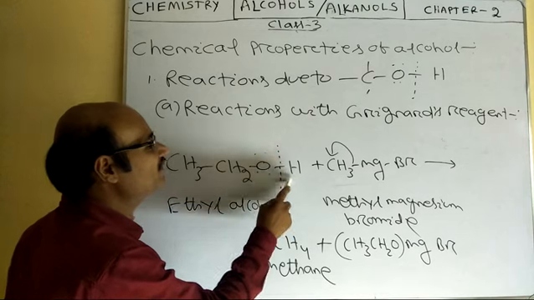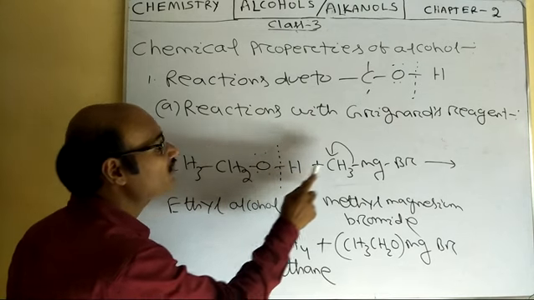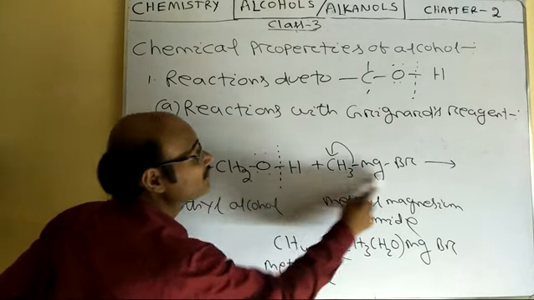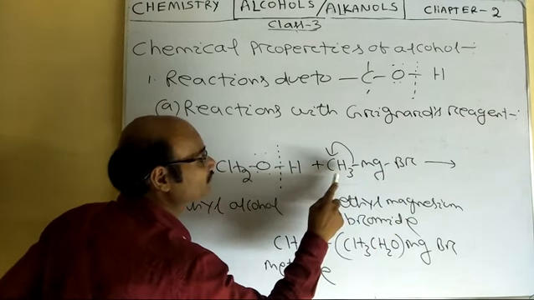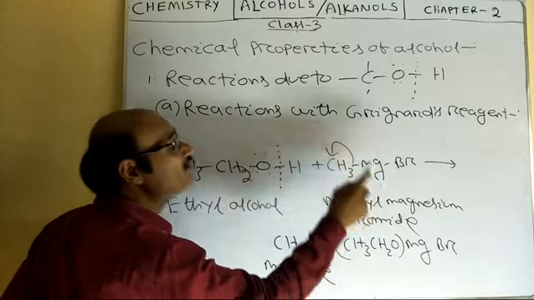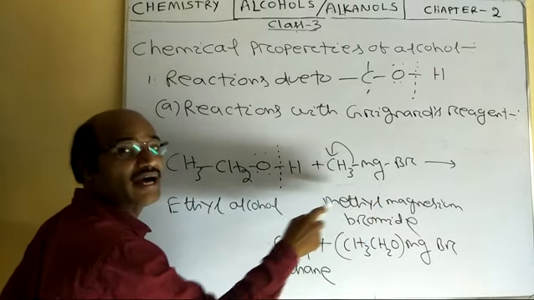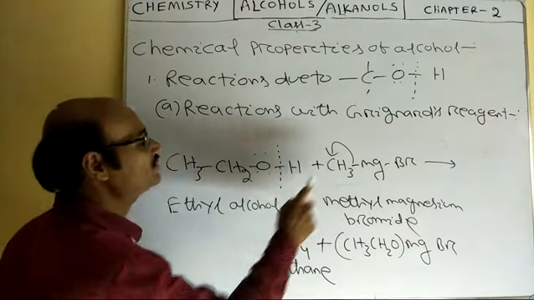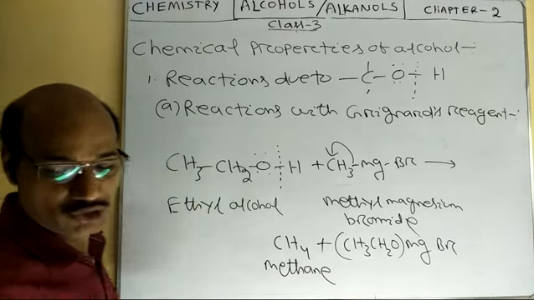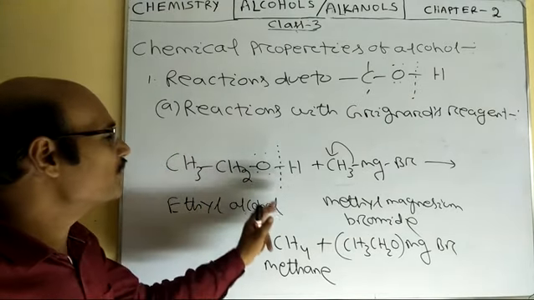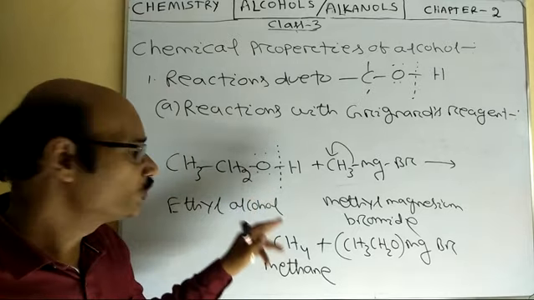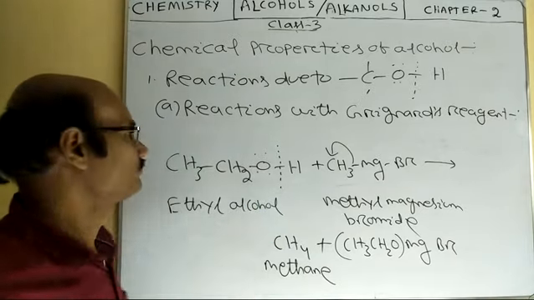Now this H has attached to the alkyl group of the Grignard's reagent. Accordingly, depending on the alkyl group in the Grignard's reagent, the alkane will be formed. So here CH3 becomes CH4. This is also one of the examples of how the OH bond is breaking in alcohol to give the product.